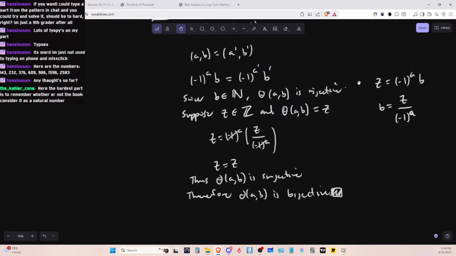Because B is supposed to be part of the natural numbers, and there's no way you can get 0 from that.